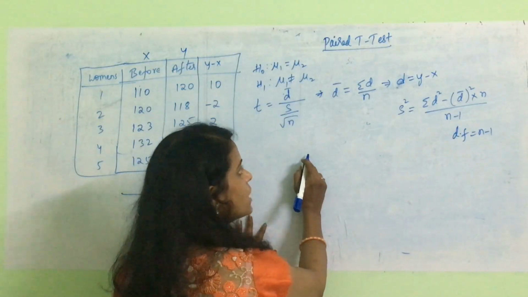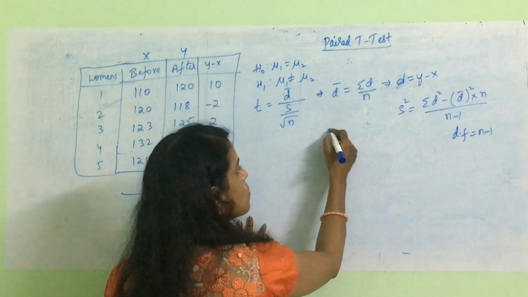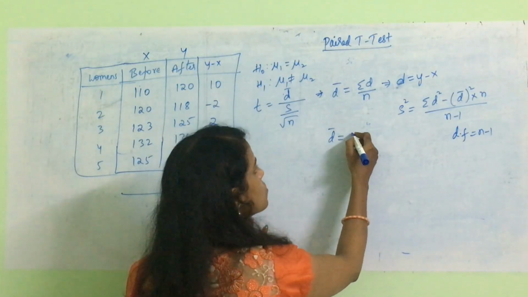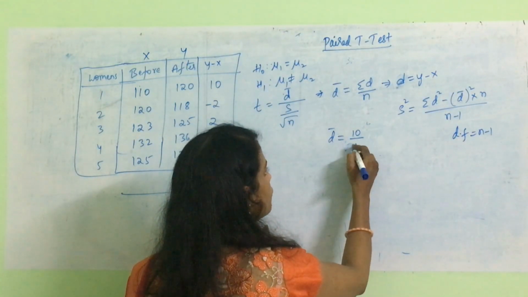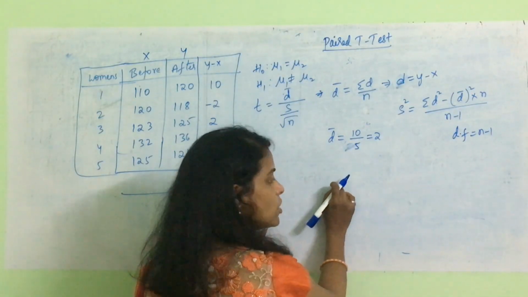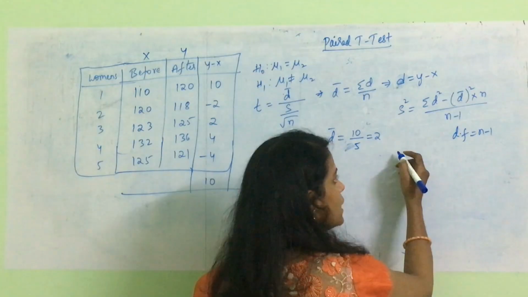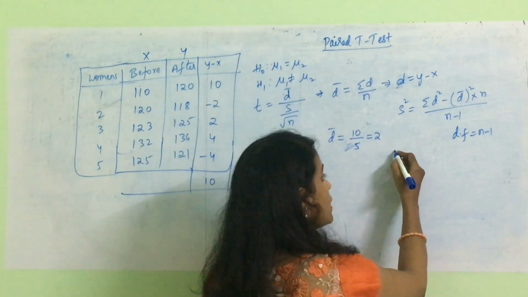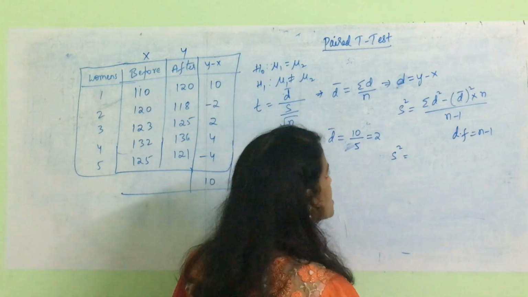Now substitute that in the formula. First find d bar. D bar equals sigma d by n, that is 10 by 5, that is 2. Next we need to find the s square value. For that we need sigma d square.